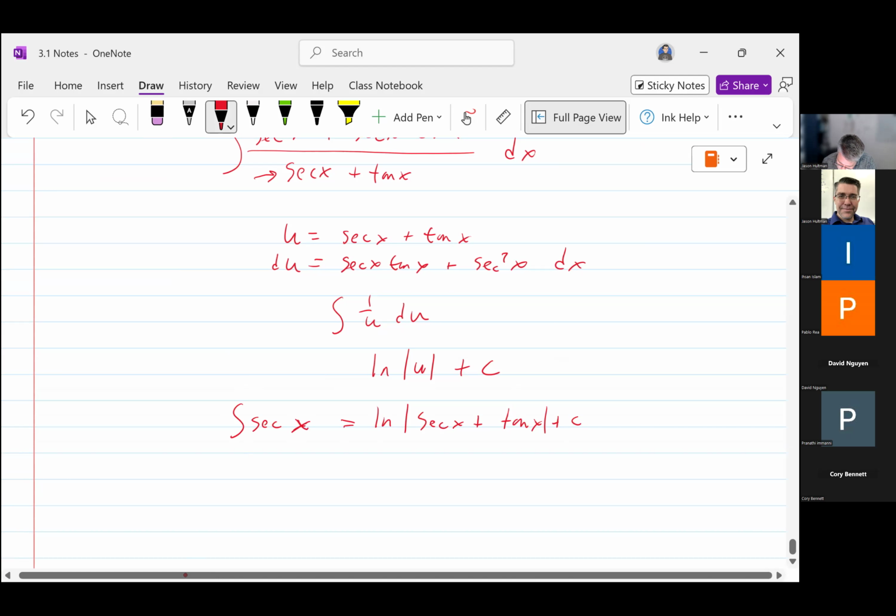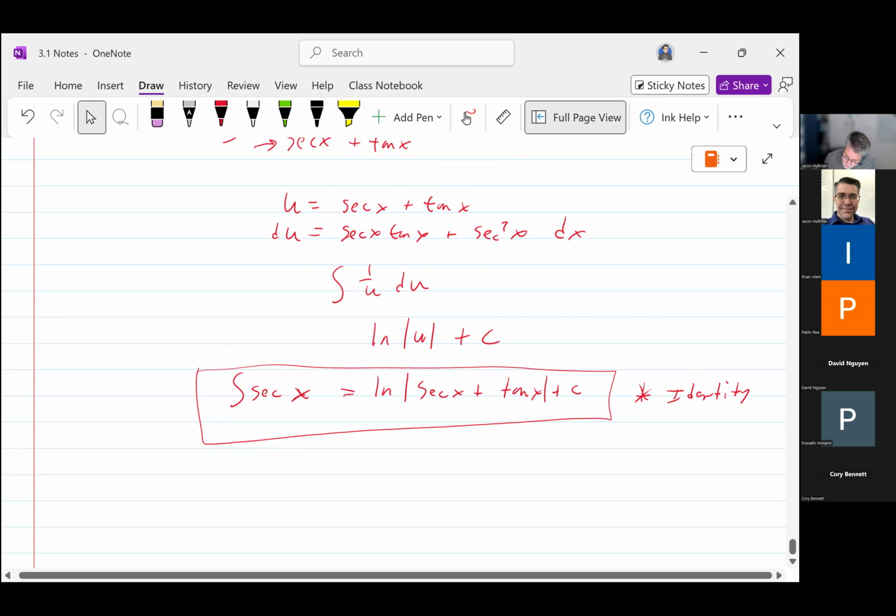And so we now have identities. This is another identity. We now have identities for, let's do this, the derivative of tangent is secant squared x. The integral of tangent is the natural log of secant x plus c.